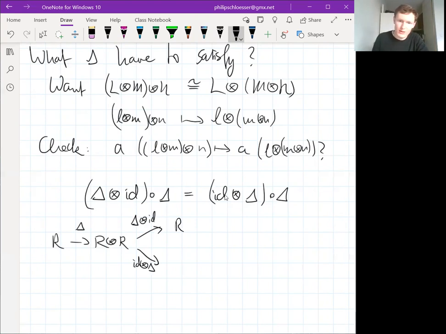And then you have R tensor R in the first component tensored with R, or R tensored with R tensor R in the second component. And then the rule says that those two should be related via the associator, so to speak, so via this map here.